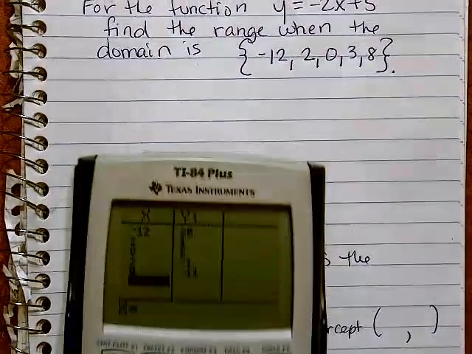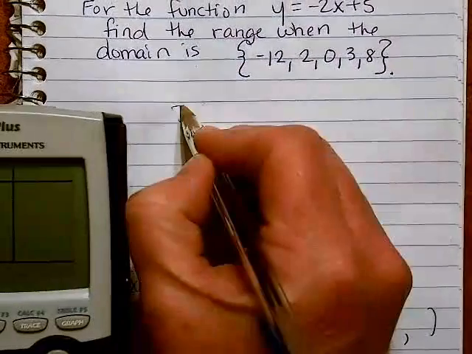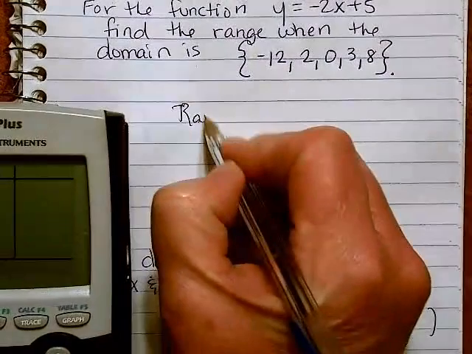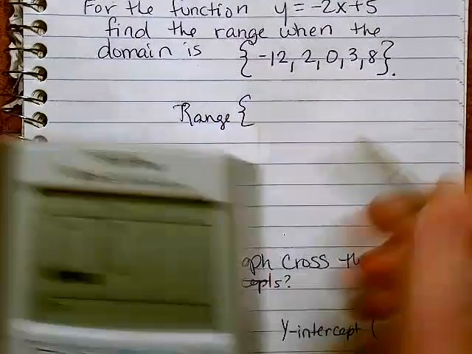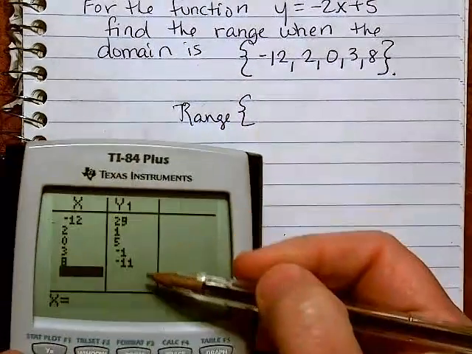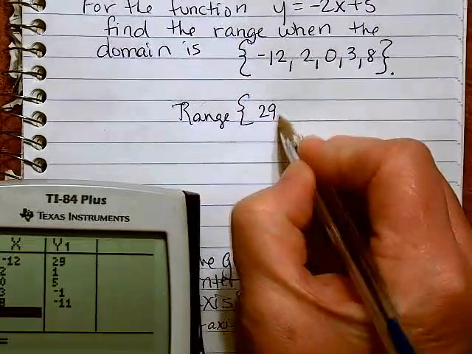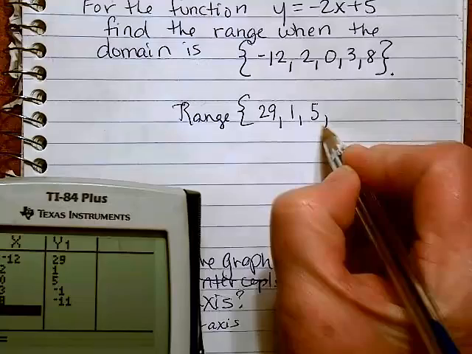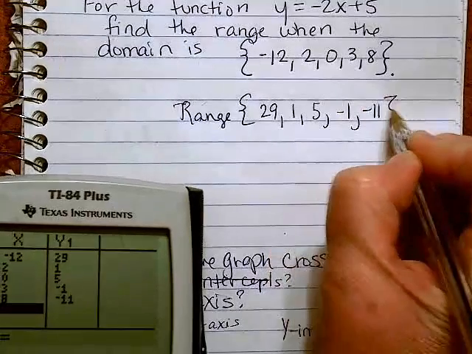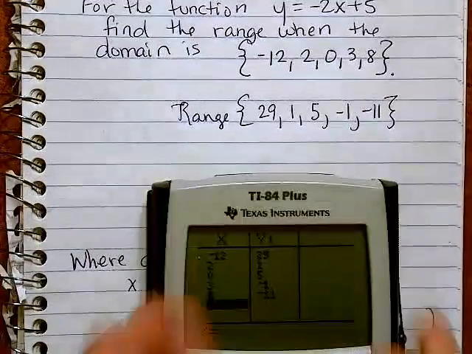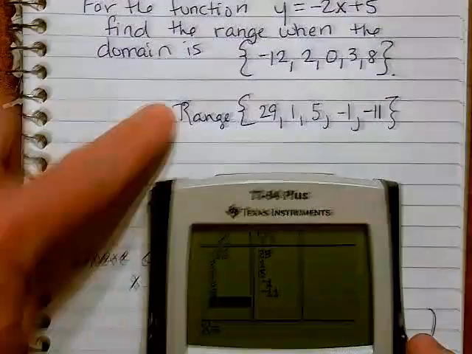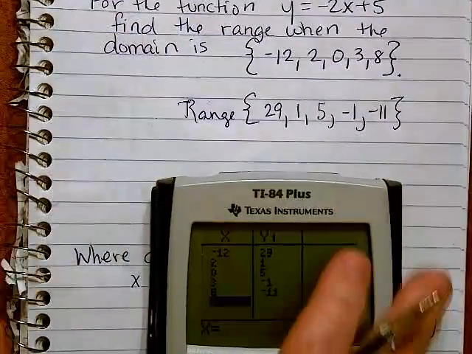So the domain is given there. The range is this list of numbers under the y: 29, 1, 5, negative 1, and negative 11. So that's how you use your calculator to find the range for a particular domain.